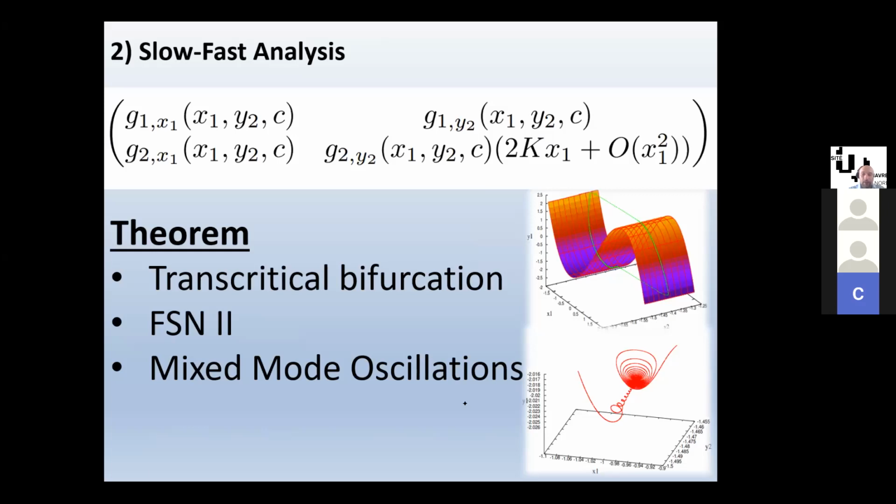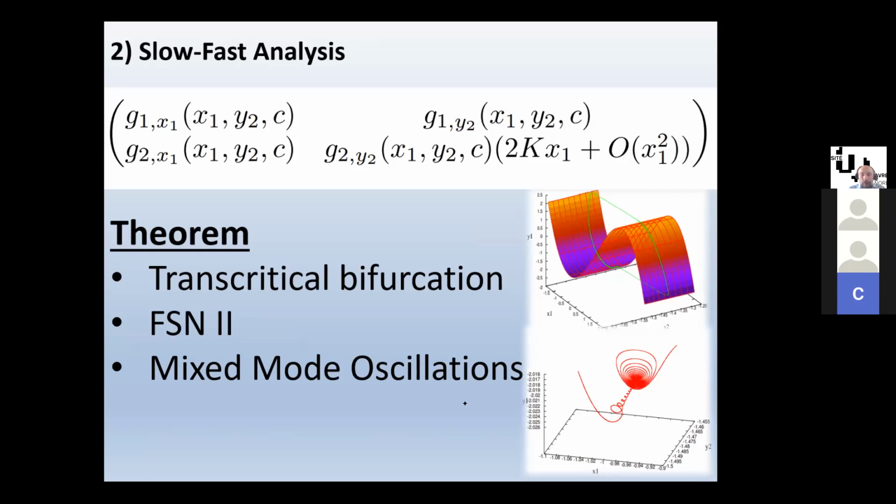And so basically what you can prove is relying on some works that say that you can characterize the dynamics close to the folded points.